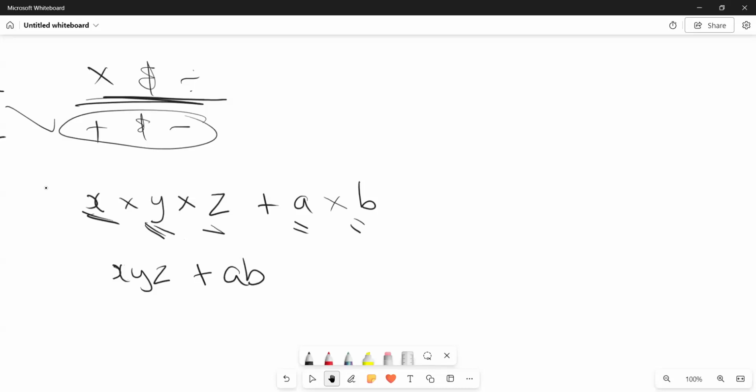But because xyz and ab are very different, we can't add them. They are being added there, but we can't write it in a simpler form. We have to leave it like that.